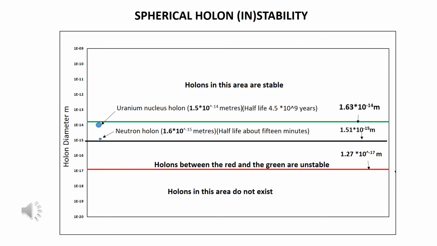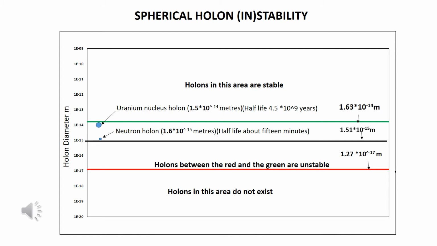And here we see this nucleus with a size of 1.5 times 10 to the minus 14 meters falls just inside the predicted unstable region, or perhaps more relevantly, just outside the predicted stable region. And indeed, it has a very long half-life of 4.5 times 10 to the 9th years, a fact that greatly supports the quantum process and holon paradigm prediction.